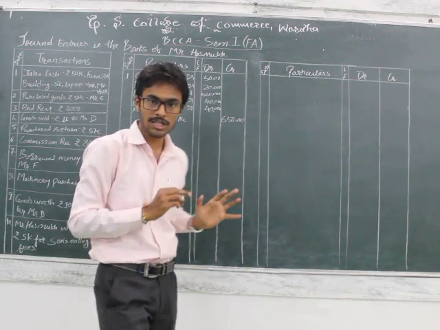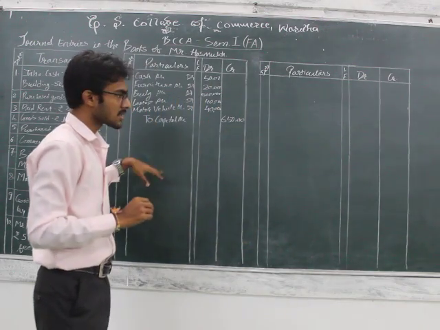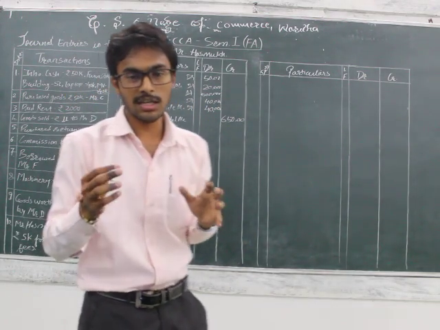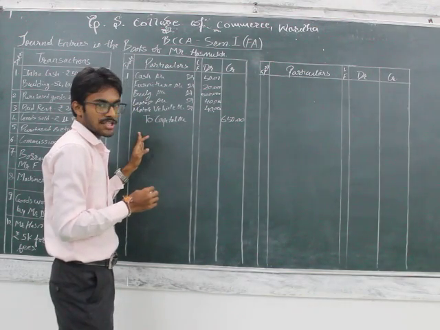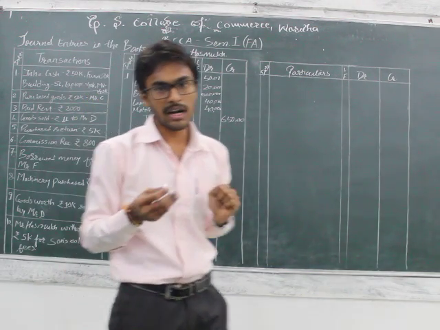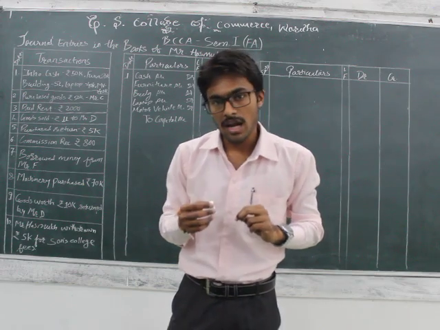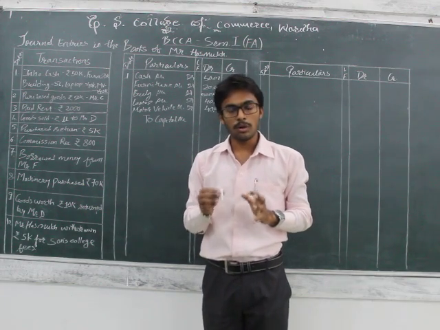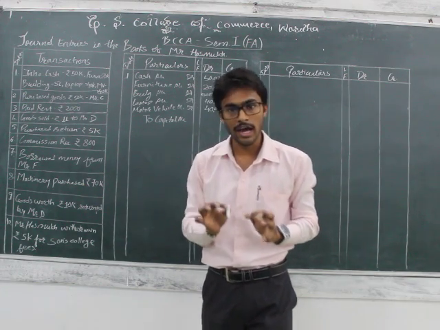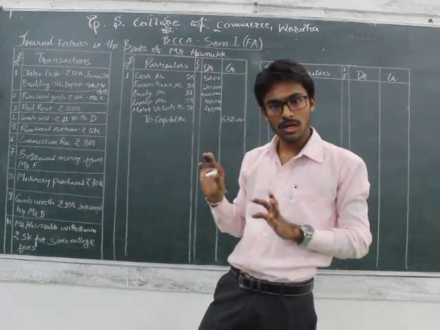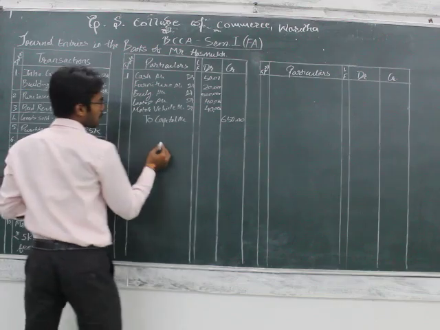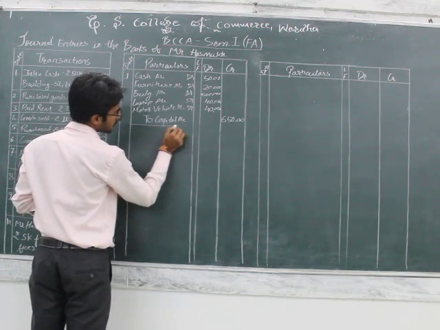I am not writing the narration here because we have scarcity of space. In the narration you can write: being Mr. Hasmukh has provided these things. Okay, so this is how we can complete our entry here.